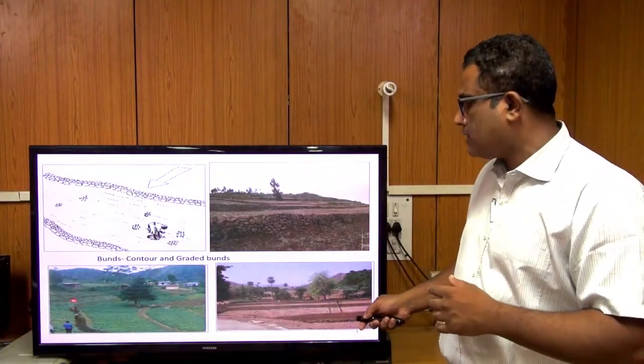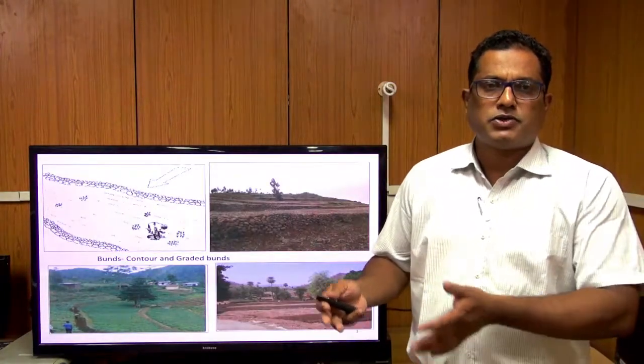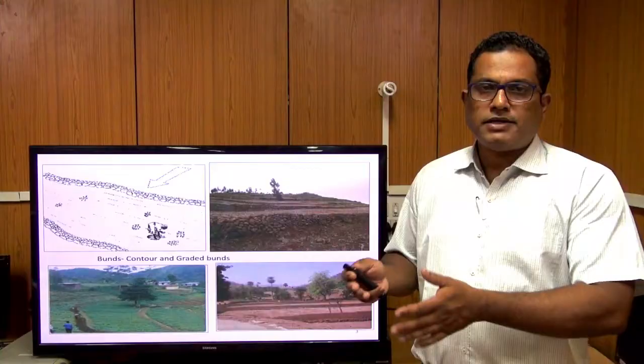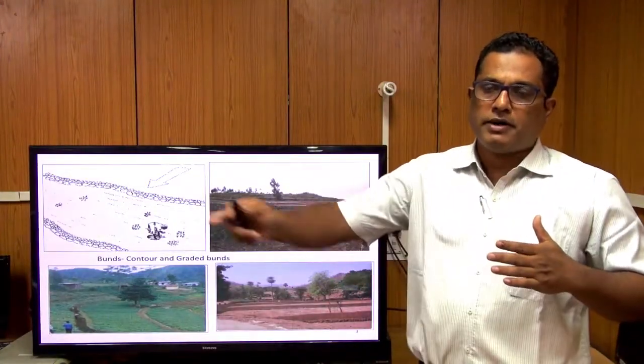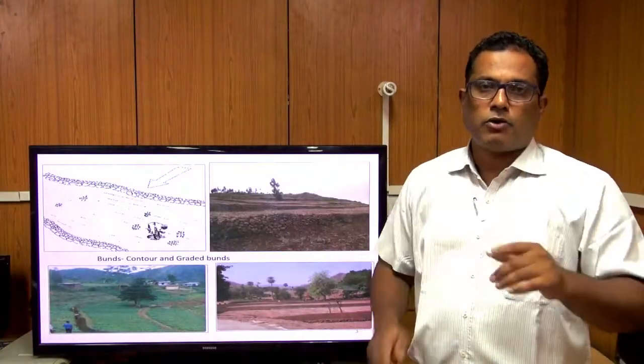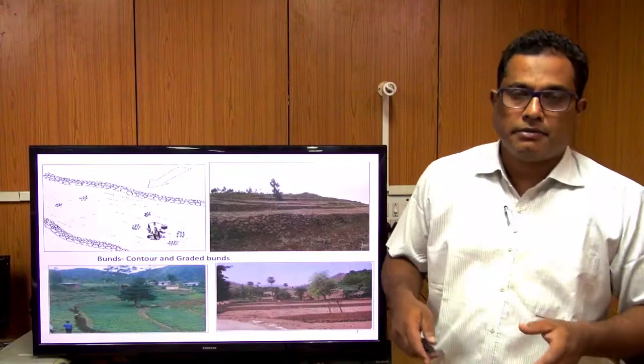So what we do is we give a gradient, generally 1:100 or 0.5:100. That means if we go 100 meters, there will be a difference of level of 0.5 or 1 meter. That is the gradient, and that is called your graded bund.